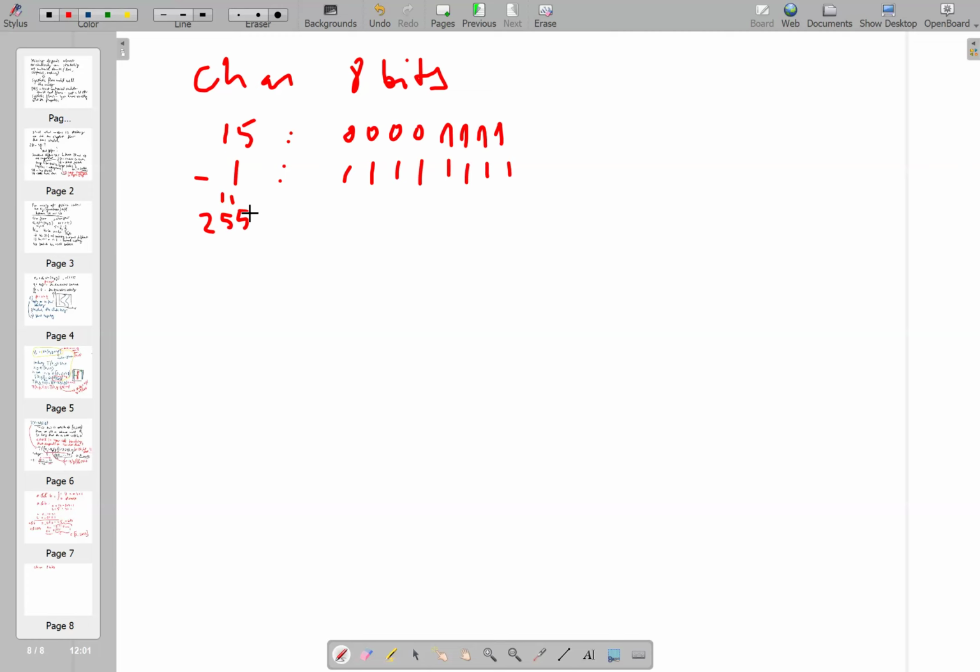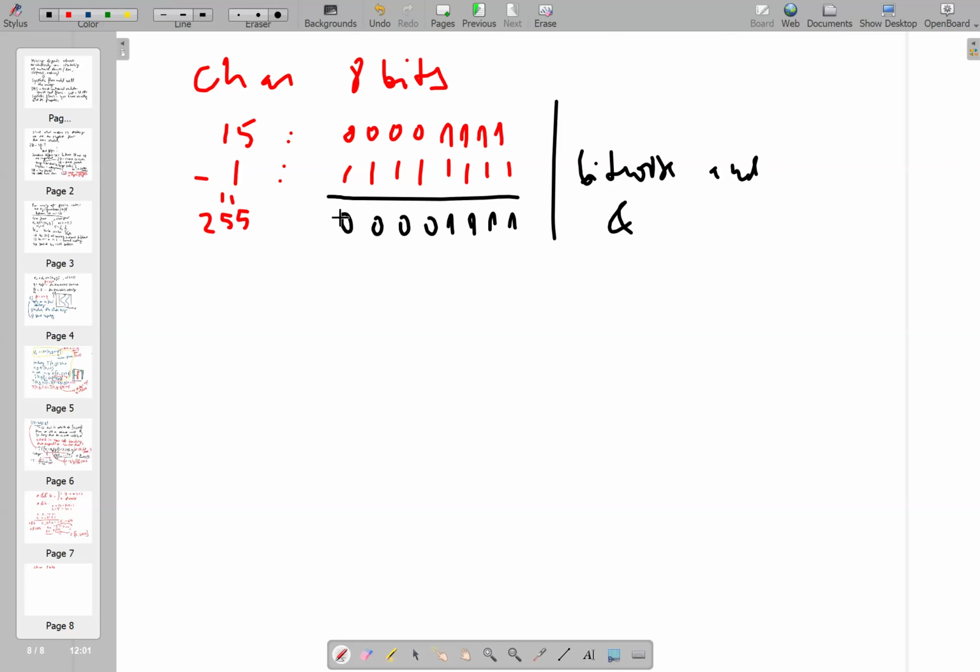Now if we take bitwise AND with these two numbers, the binary operator written like that, then the result is: 1 and 1 is 1, 1 and 1 is 1, 1 and 1 is 1, 1 and 1 is 1, 1 and 0 is 0, 1 and 0 is 0, 1 and 0 is 0, 1 and 0 is 0.